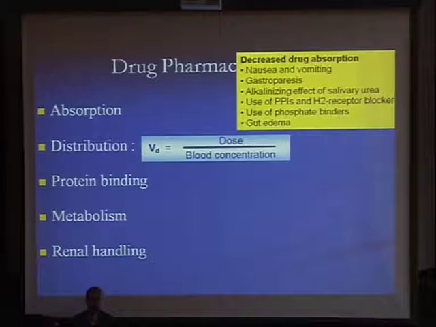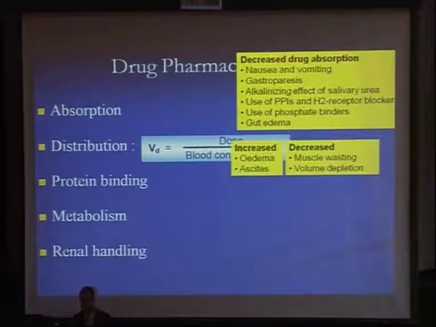What about distribution? Your patient will fall in one of two categories. Either there's going to be an increase in the volume of distribution due to the presence of edema or ascites, or there is going to be a decrease due to the presence of oxygen wasting and volume depletion. So again, this is going to be aberrant. What about the protein binding?